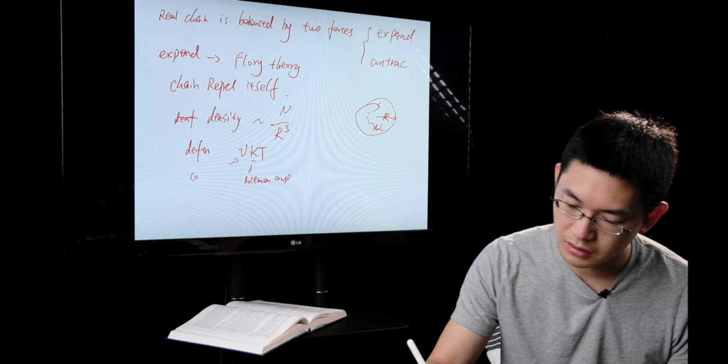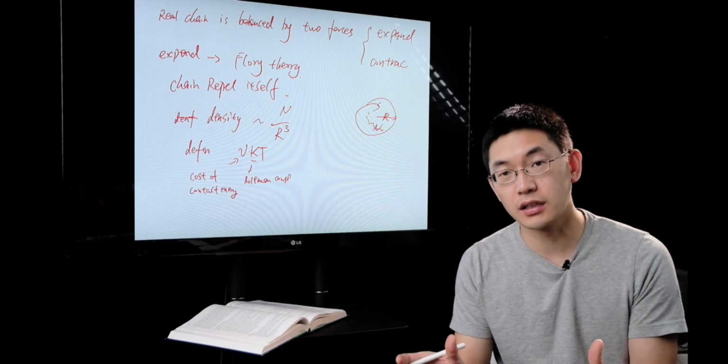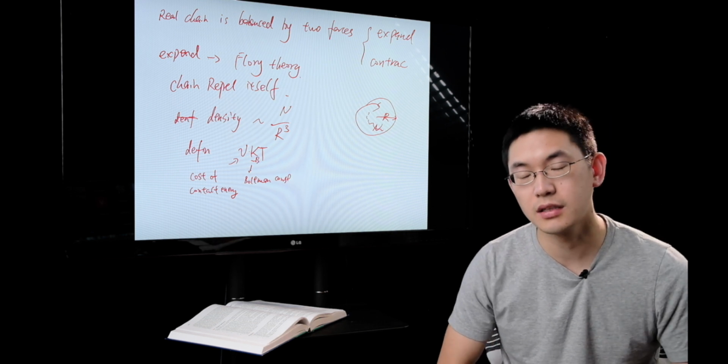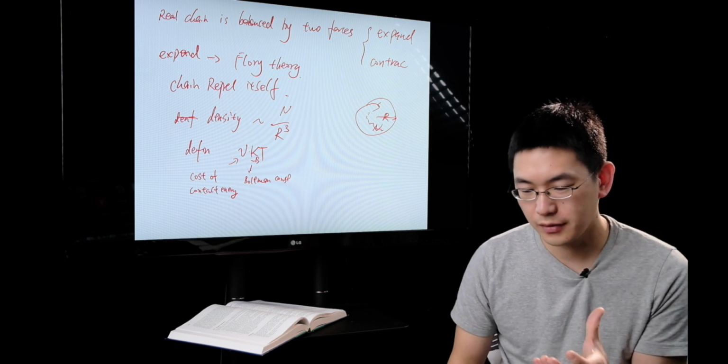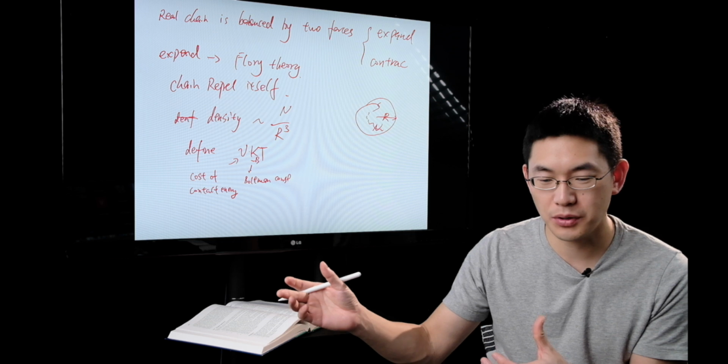So we can call it the cost of contact energy. And kT is basically the unit of energy. Sometimes people put a B there. kBT is the same. So this term defines the cost of one person touching another person.